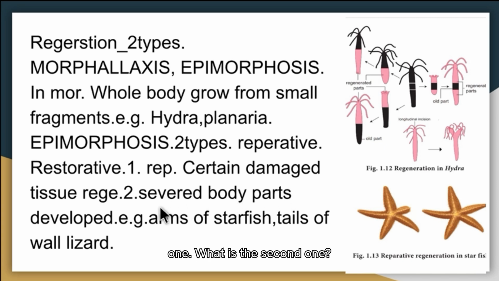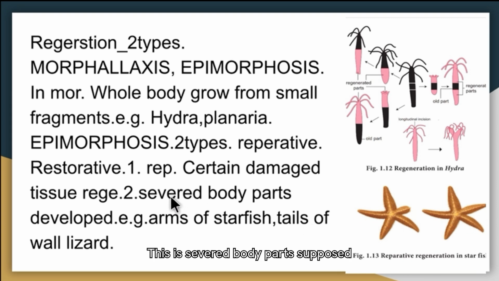The second one, what is the second one? Restorative. The severed body parts are developed. Severed body parts means, please look, one arm is completely cut, but after some time the cut part grows like this.